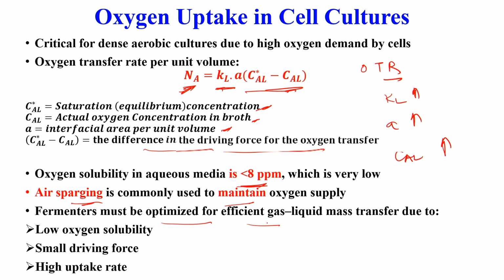To optimize for efficient gas liquid mass transfer, due to this low solubility of oxygen, small driving force, the difference is small, and uptake rate is very high. That we will be discussing, the specific oxygen uptake rate by microorganisms, in the next slide.